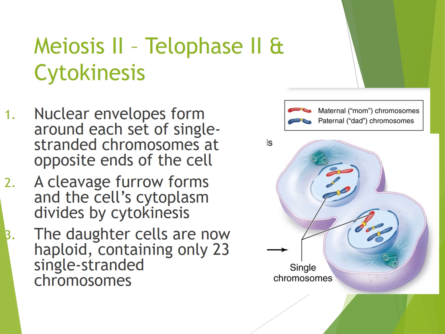So this end process of meiosis occurs, and we have now 4 daughter cells from the original single cell, and these daughter cells are haploid because they only have 23 chromosomes and not 23 pairs of chromosomes. These daughter cells then will mature into secondary oocytes in females, and they'll mature into sperm in males.